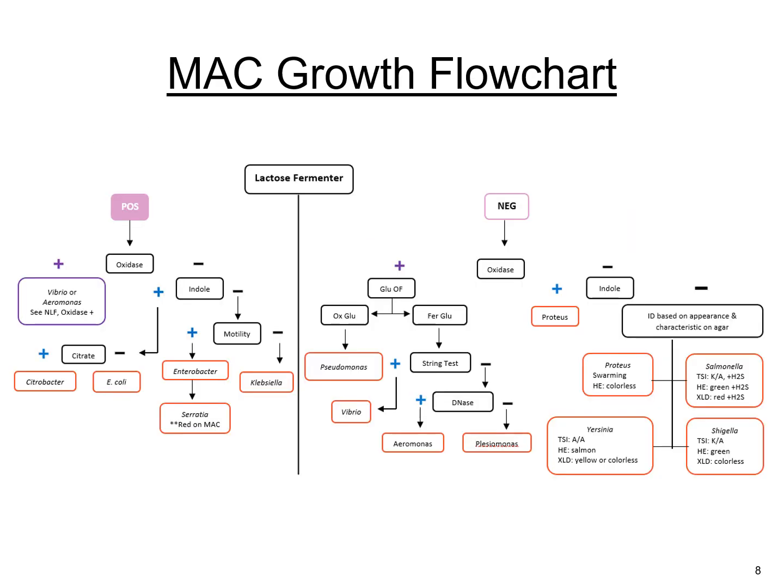So here is a flowchart that I have worked up for you. And so again, what we're looking for is growth on MacConkey. So once we decide that we have growth on MacConkey, then we know that we're dealing with a gram-negative rod or gram-negative bacilli. And once we determine that, we're looking to see, does it ferment lactose?